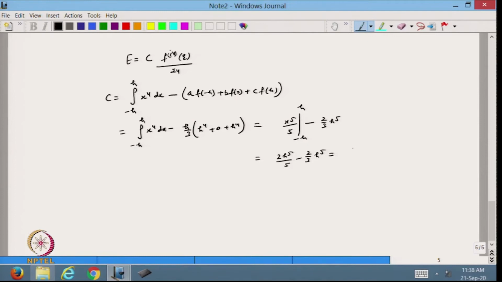So, I can take 2 h to the 5 common, this is 1 by 5 minus 1 by 3, the LCM will be 15. So, from here this will be coming minus 1 by 90 into h raised to power 5.